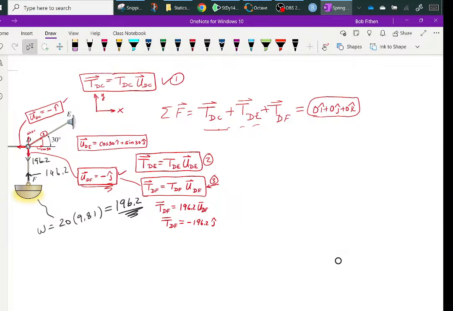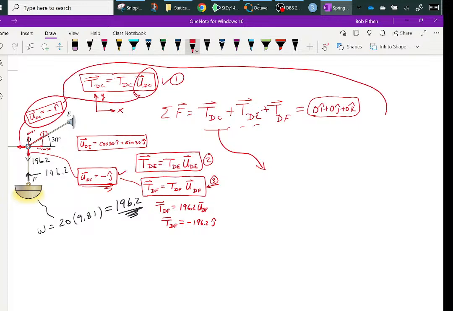Okay, so I'm going to take this term, and I'm going to write it down right here. So it's TDC times a minus i. I'm going to put parentheses there because that's the U, or maybe I should do it in two steps. I'll do the first step and then the second.